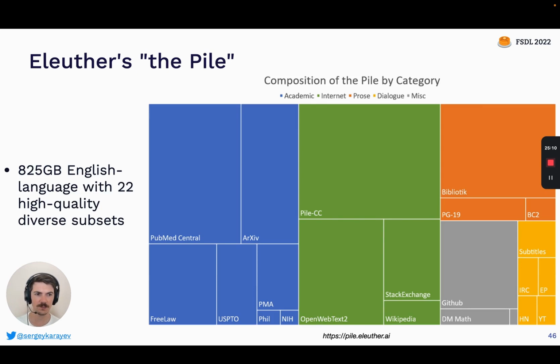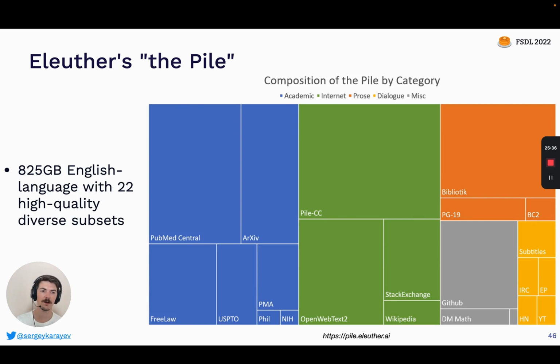I want to dig into what data, for example, the Eleuther model was trained on. It's 825 gigabytes total. It's English language, and there's subsets. There's academic stuff like from arXiv or PubMed. There's internet things like open web text and Wikipedia. There's prose like digitizations of books.